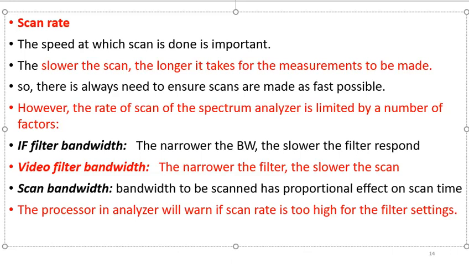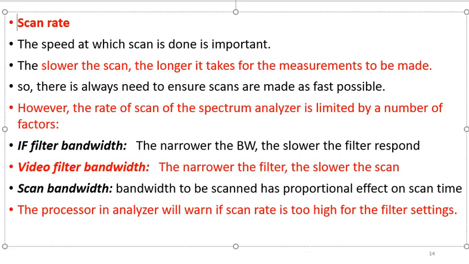Then the scan bandwidth is another parameter that limits our scan rate. And what is the scan bandwidth? It is nothing but the bandwidth of the signal that we want to analyze. What is the lower frequency and what is the higher frequency? Whenever that span increases, it is proportional to the scan time.